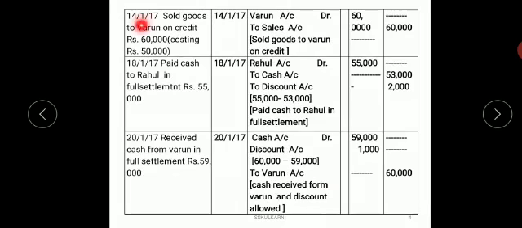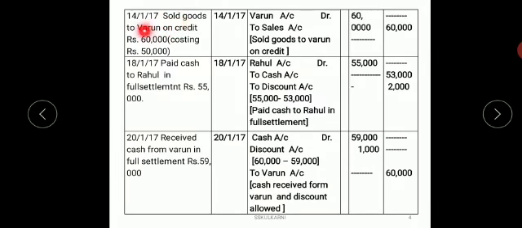Next, on 14/1, sold goods to Varun on credit, rupees 60,000. The cost is 50,000. So when I am selling goods, now sales is an income and I am selling it on credit. That means Varun has not paid the amount. So he becomes my debtor, because he has to pay for the goods that are taken by him.